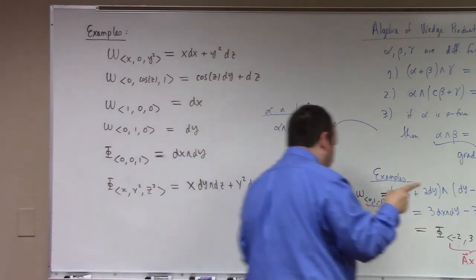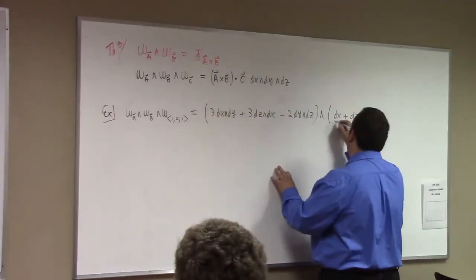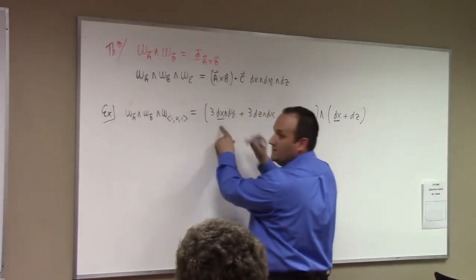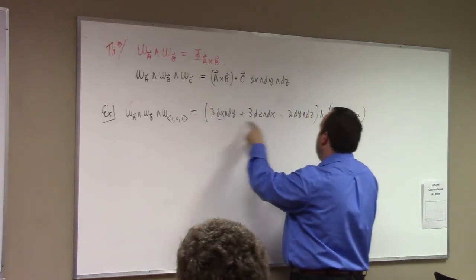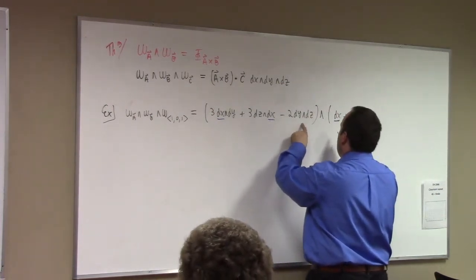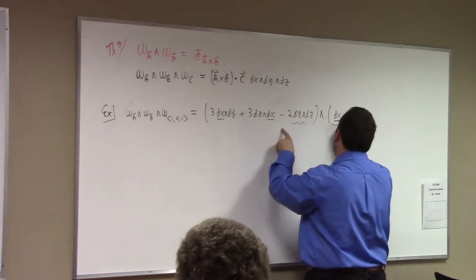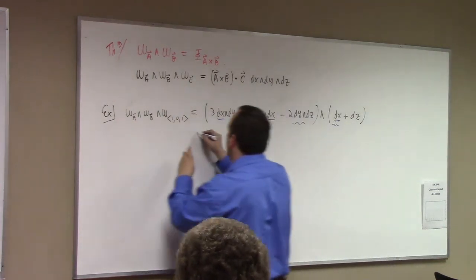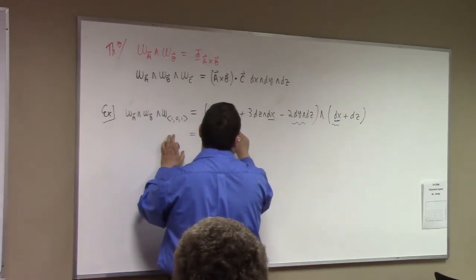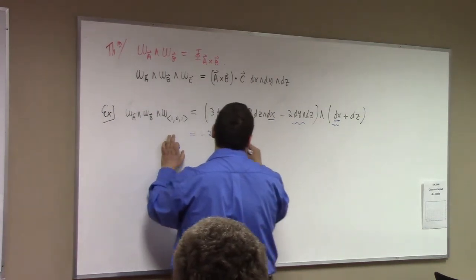So when you take the wedge product of this, this dx with this gives me 0, and this dx, when it ends up hitting that, gives me 0. So basically only this with that is non-trivial from the x. So I get minus 2 dy wedge dz wedge dx.